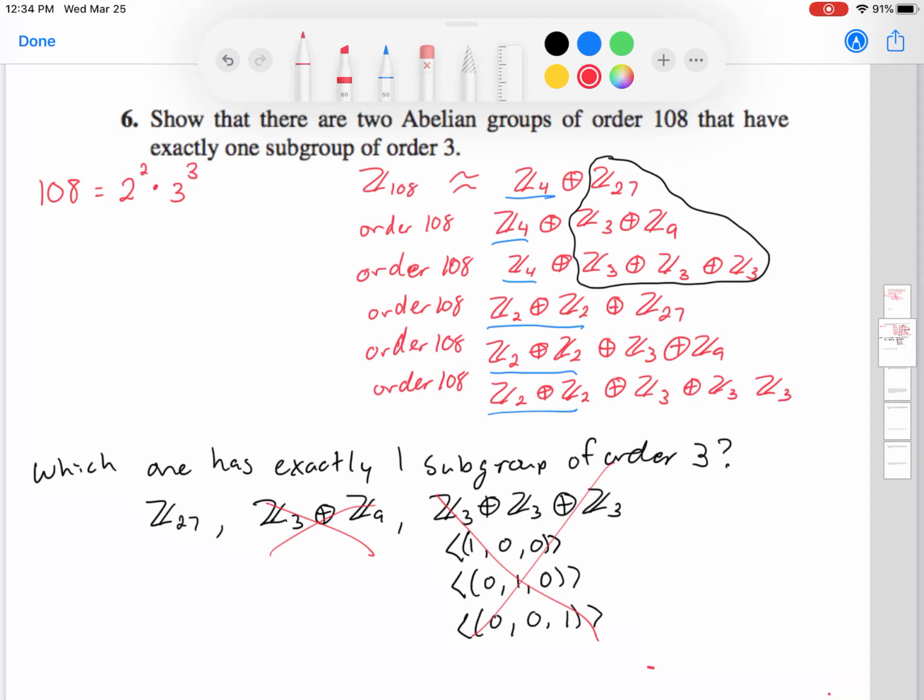Well, how do we know that Z27 has only one subgroup of order 3? Well, for that, we're going to reference theorem 4.3, that corollary. And in that corollary, it says something along the lines that Zn has only one subgroup of order d where d divides n. And it tells us exactly what that subgroup is as well, right?